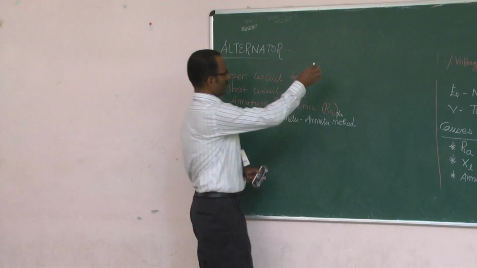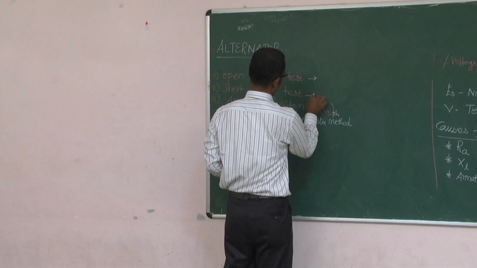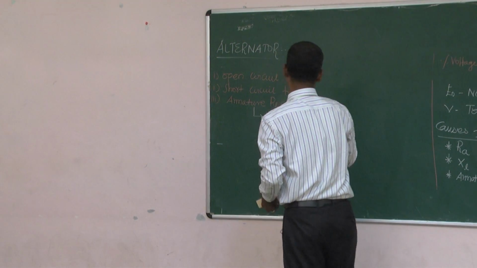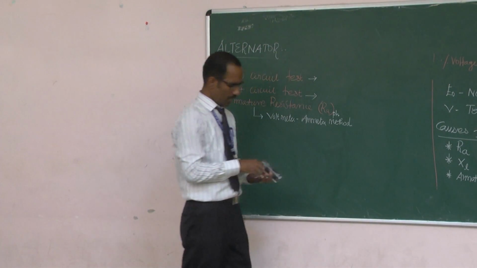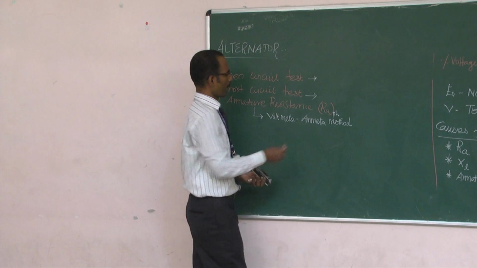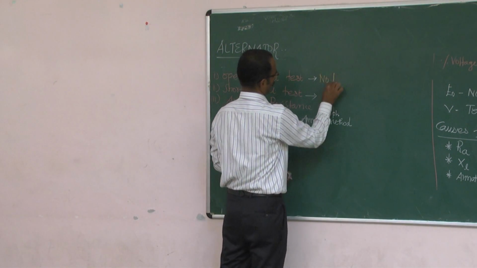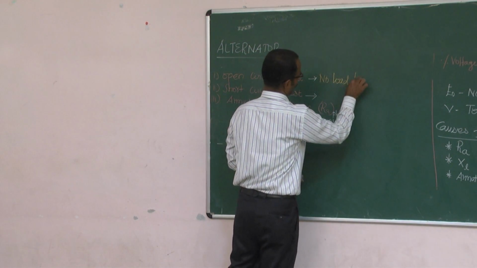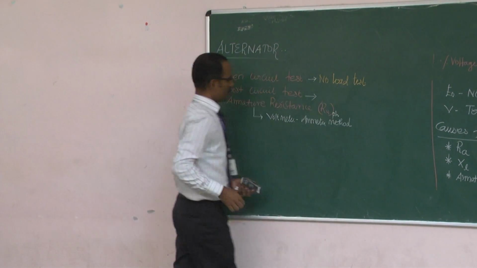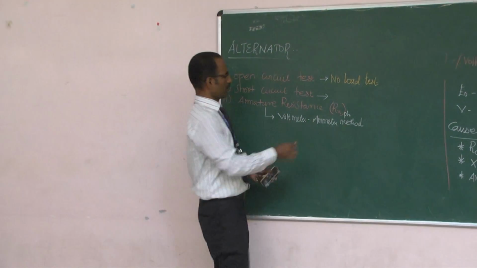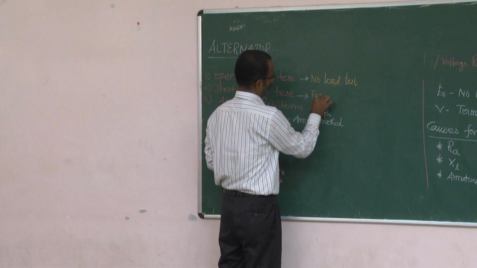For the first two tests, there are different names. The open circuit test is sometimes called the no load test. The short circuit test is sometimes known as the full load test.